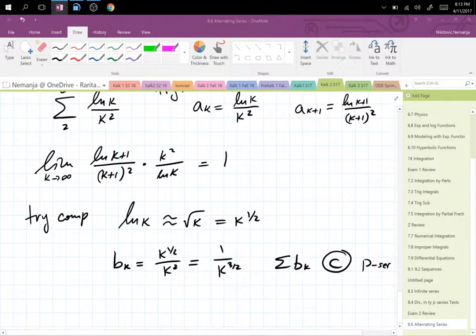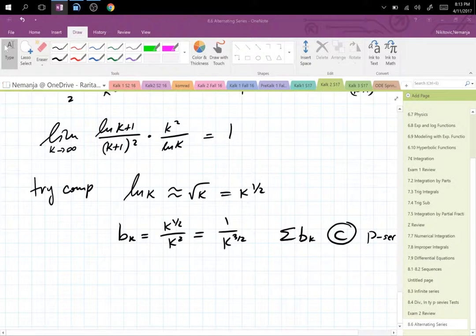All I need to show is that bk is bigger than ak. Oh no, just do the limit. So we do the limit comparison. As k goes to infinity, we have our original problem, which is ln k divided by k squared, all of that divided by 1 over k to the 3/2.